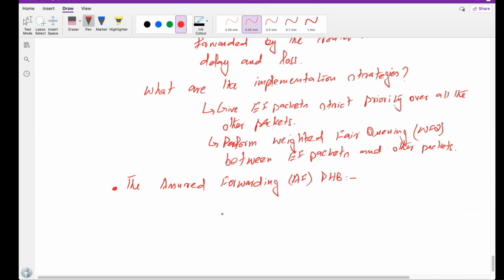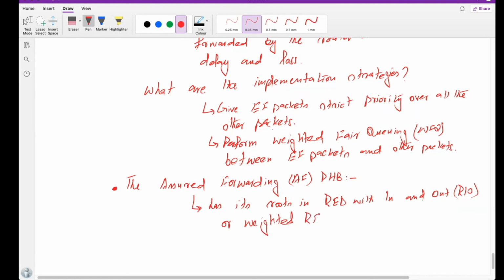The assured forwarding per hop behavior has its roots in random early detection with in and out, or weighted random early detection, that we covered in the previous lecture.